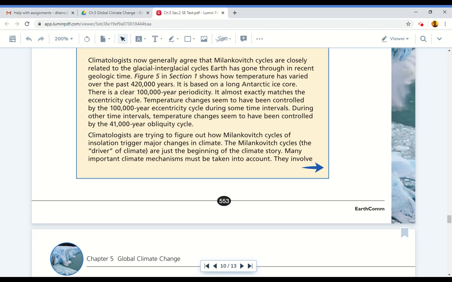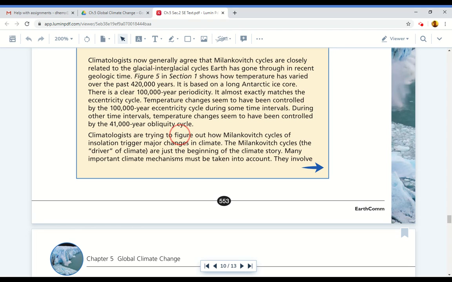It almost exactly matches the eccentricity cycle. Temperature changes seem to have been controlled by the 100,000 year eccentricity cycle during some time intervals. During other time intervals, temperature changes seem to have been controlled by the 41,000 year obliquity cycle.